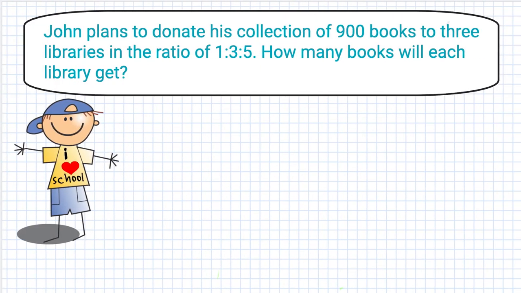Now, last example. John plans to donate his collection of 900 books to 3 libraries in the ratio of 1:3:5. How many books will each library get? John decided to donate 900 books with the ratio of 1:3:5.